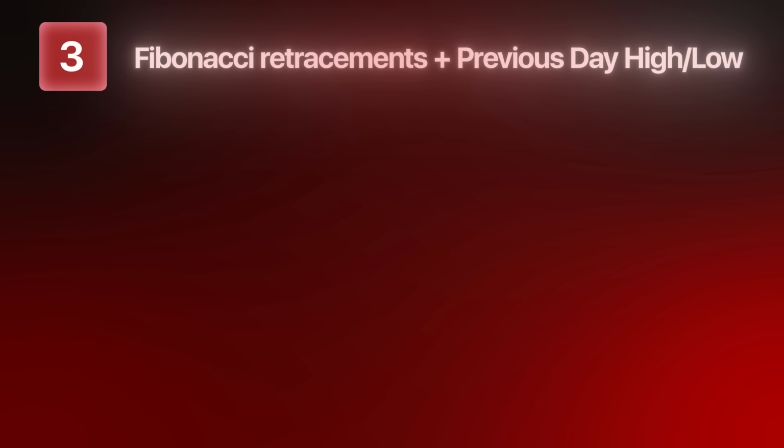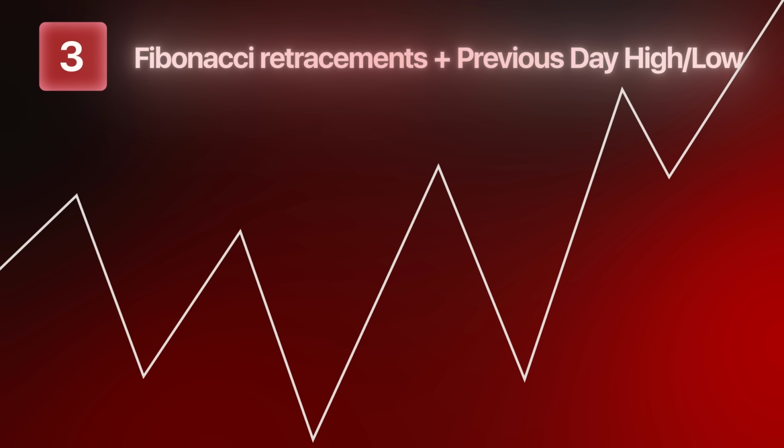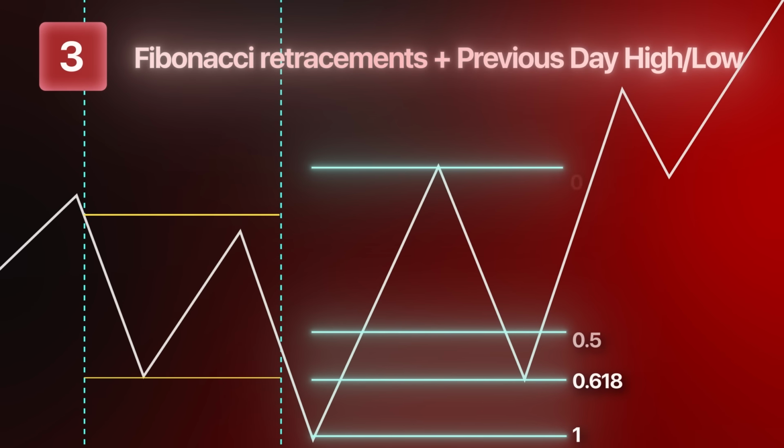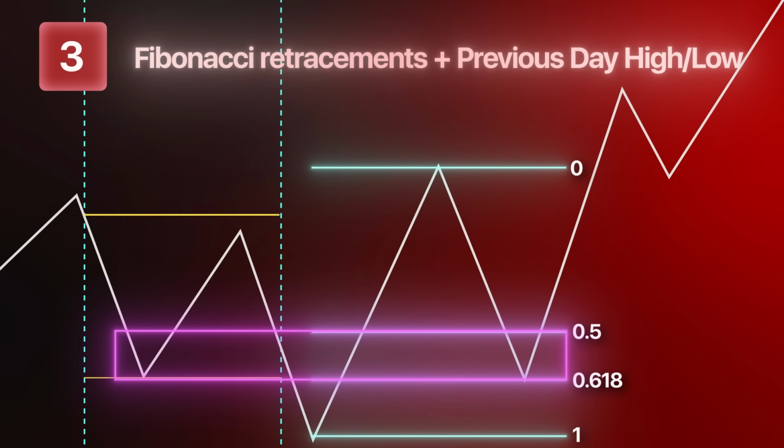Now, the third part, the previous day's high and or low. These levels act like magnets. Traders love targeting them, institutions love sweeping them, and now picture this. You draw a Fib retracement and the 0.618 line lines up exactly with yesterday's low.